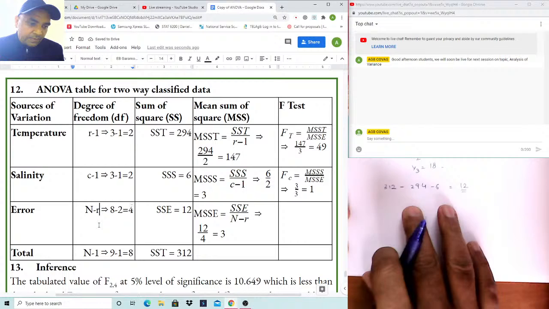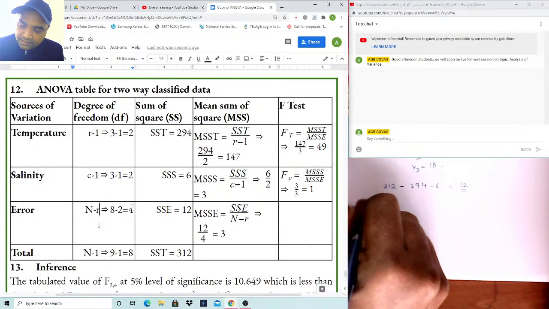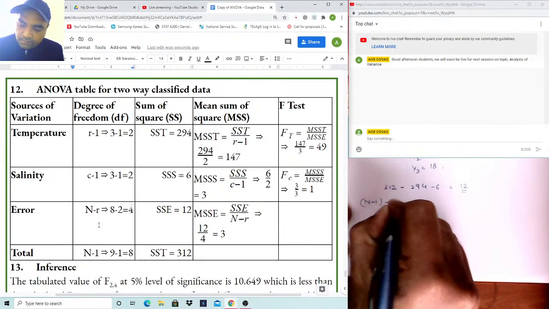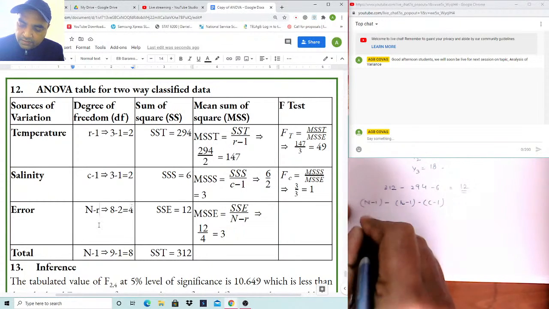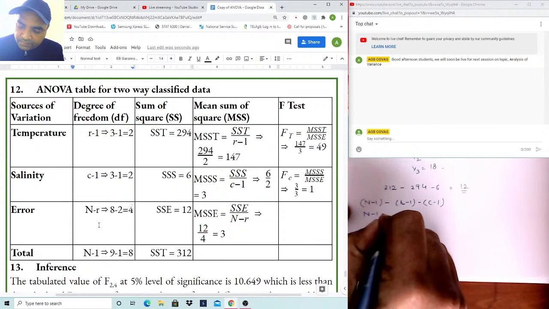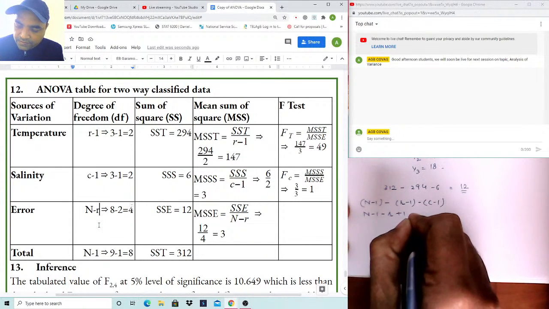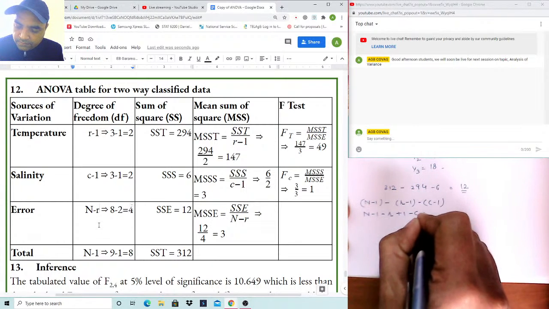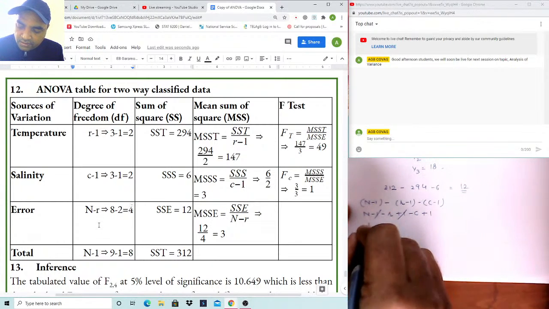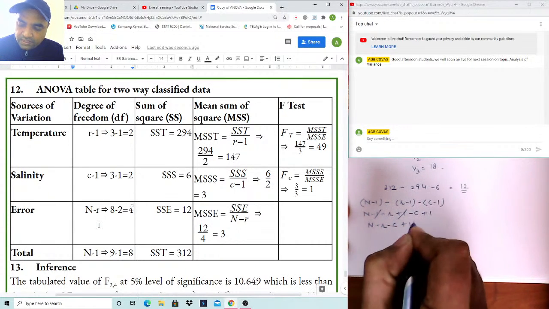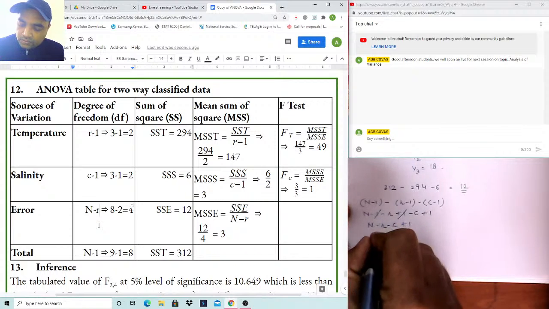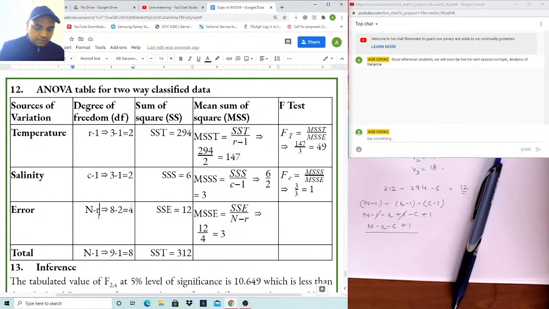It will be total, that is n minus 1, minus (r minus 1), minus (c minus 1). So it will be n minus 1 minus r plus 1 minus c plus 1. So this will cut out, and this will be n minus r minus c plus 1. So this will be our degrees of freedom, n minus r minus c, and then plus 1.